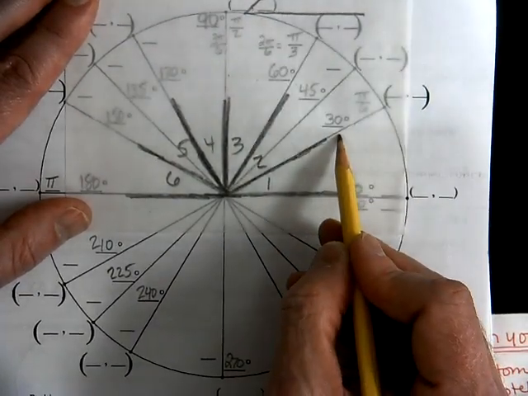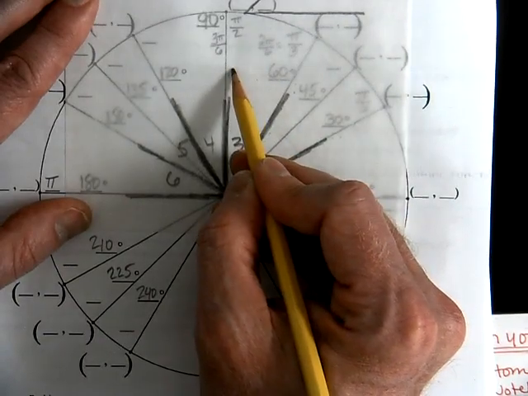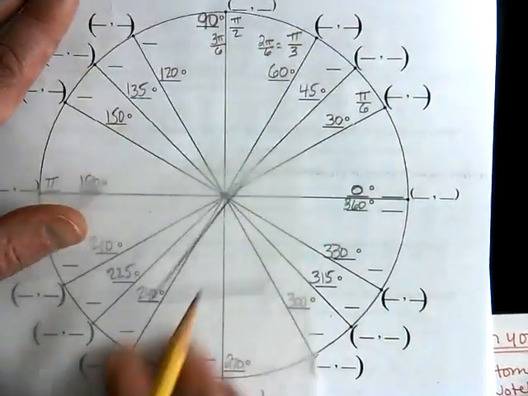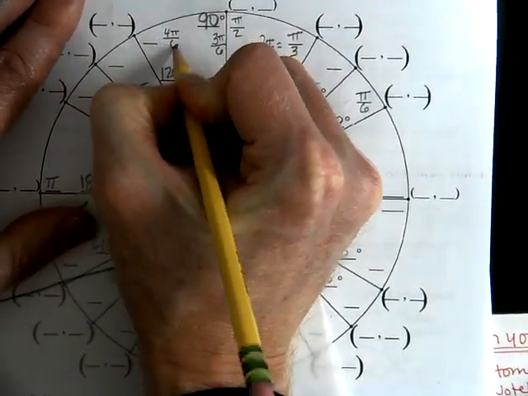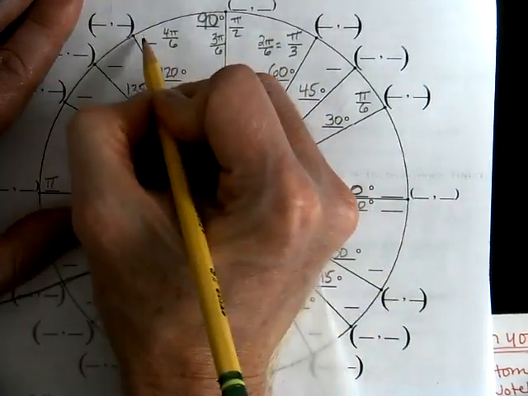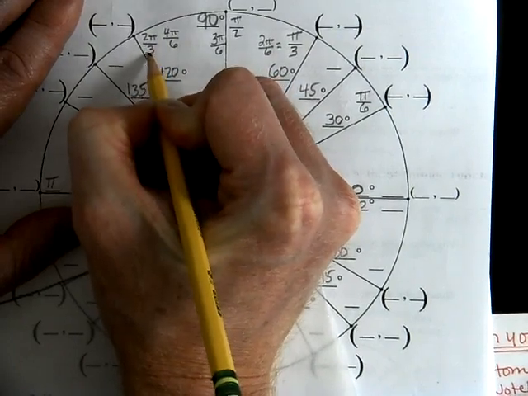So here we have 1 pi over 6, 2 pi over 6, 3 pi over 6. So this is going to be 4 pi over 6. And what do we know about 4 and 6? That is 2 pi over 3.